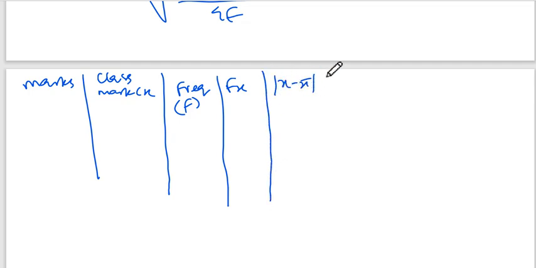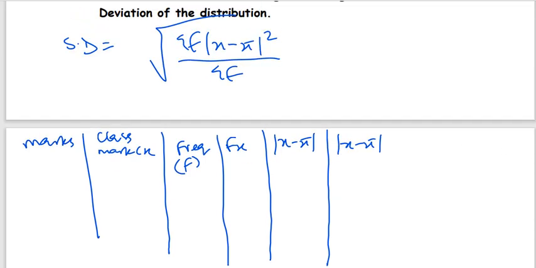You know the formula is the formula used to create your table. There's x minus x bar, there's x minus x bar squared, then f multiplied by x minus x bar squared.